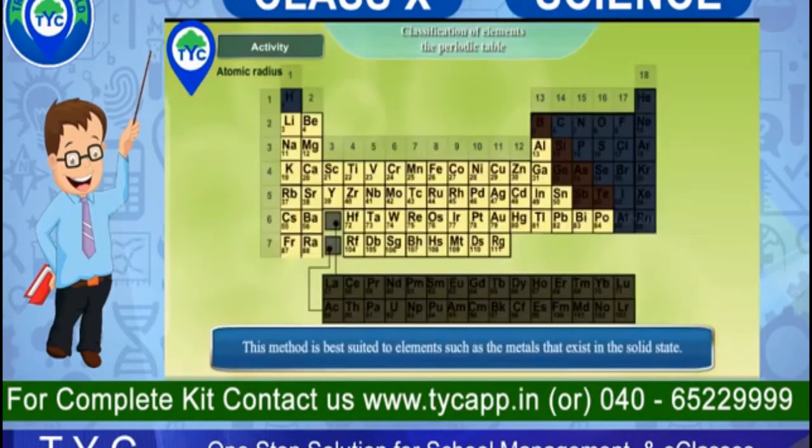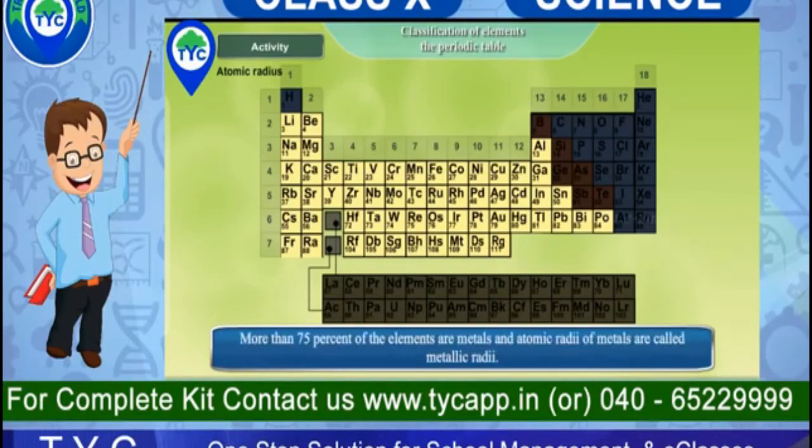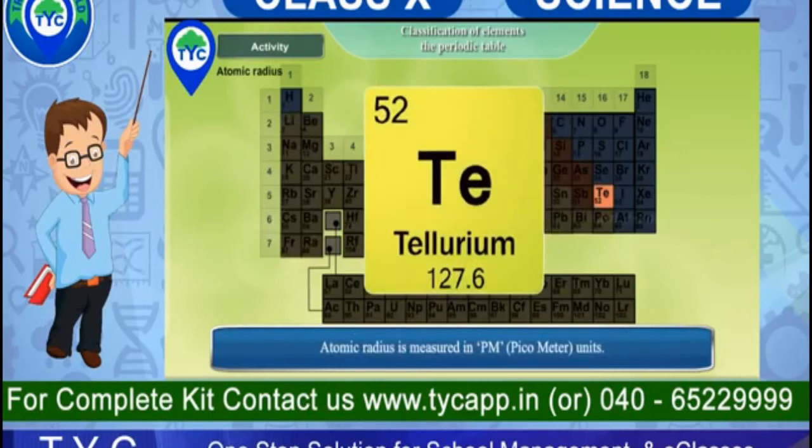This method is best suited to elements such as the metals that exist in the solid state. More than 75% of the elements are metals, and atomic radii of metals are called metallic radii. Atomic radius is measured in pm, that is, picometer units.